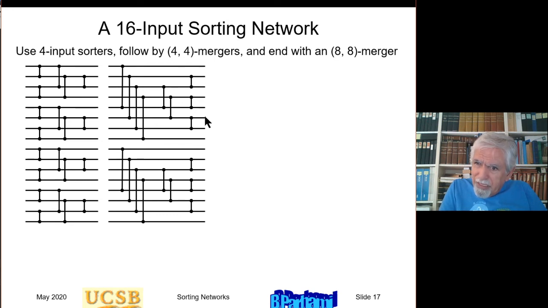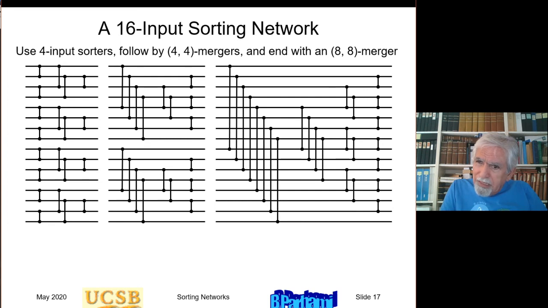So I now have 8 of the inputs sorted here and 8 of the inputs sorted here. And now I need a merging network for 8 and 8 inputs. And this is the design of that merging network. Again, as I said, we have procedures for building these. So that's how that 16 input sorting network came about.